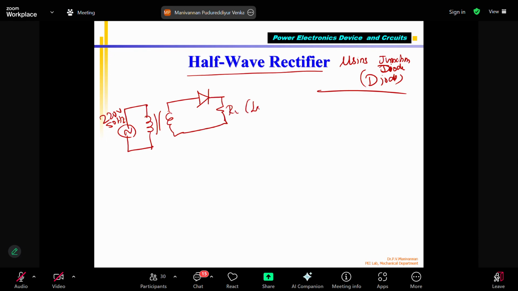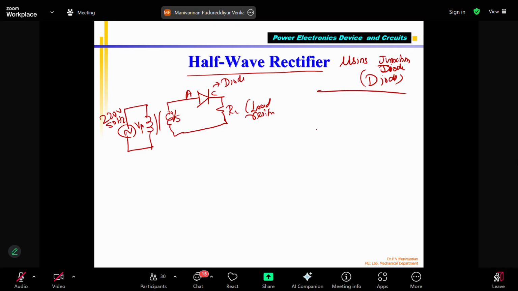This is nothing but the load resistor. This is my diode. You can see that this is the anode and this is the cathode. This is my secondary, which is now VS, and this I call VP. I am applying VP equal to 220 volts, correct?